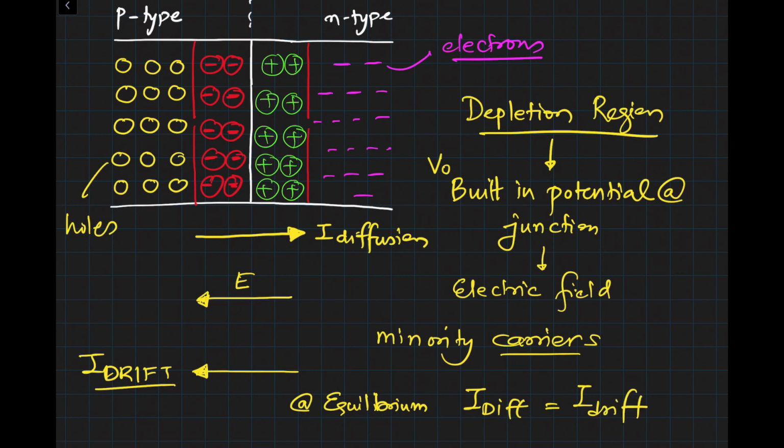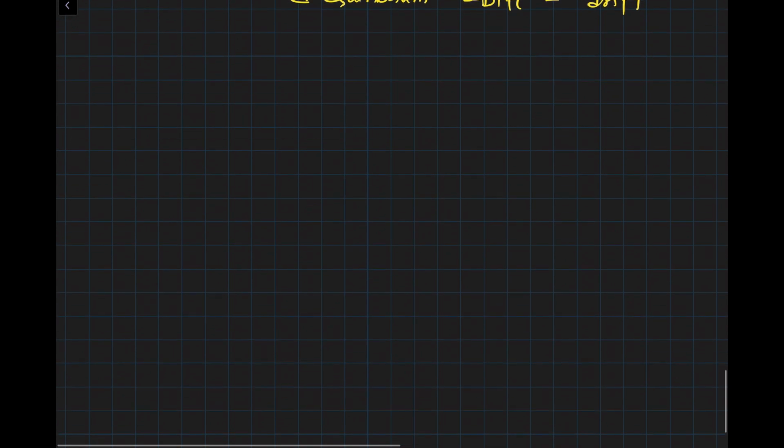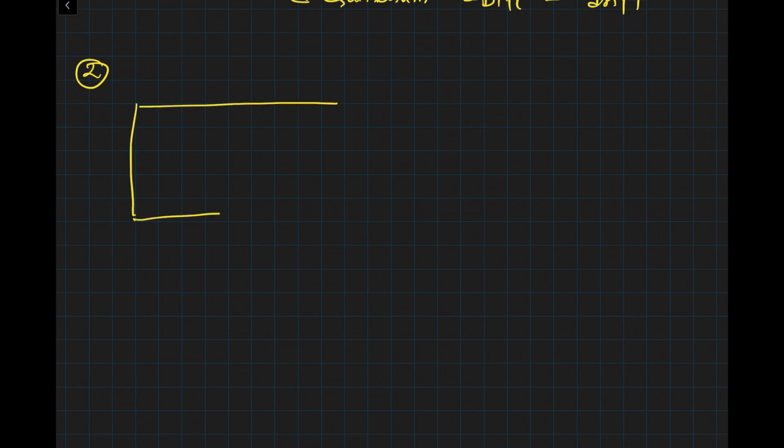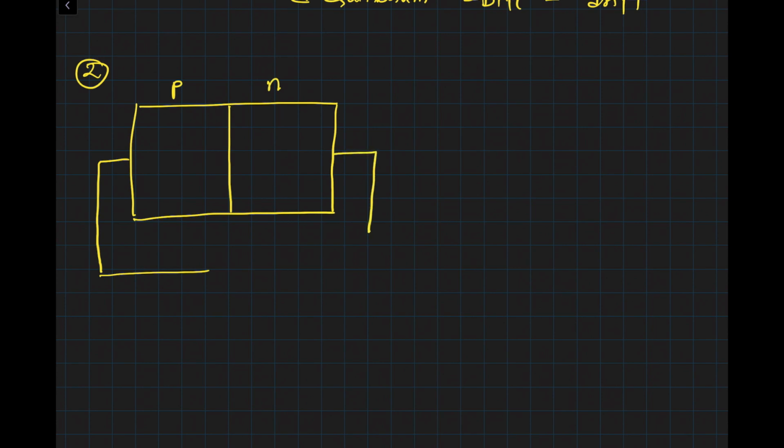Let's apply some external potential and then see what happens. So the first case we are going to talk about is another second case. The first one was open circuit. So in this case, we would take a semiconductor and then we would apply, this is P and this is N, a battery potential here.